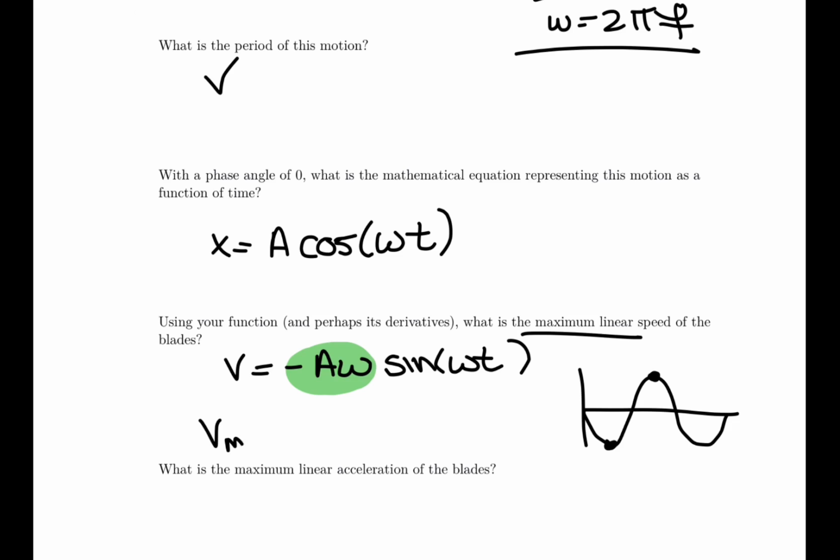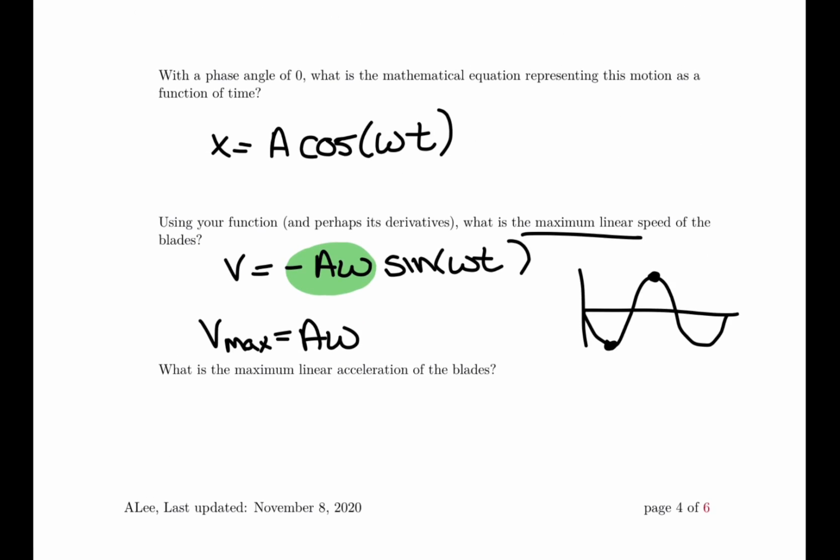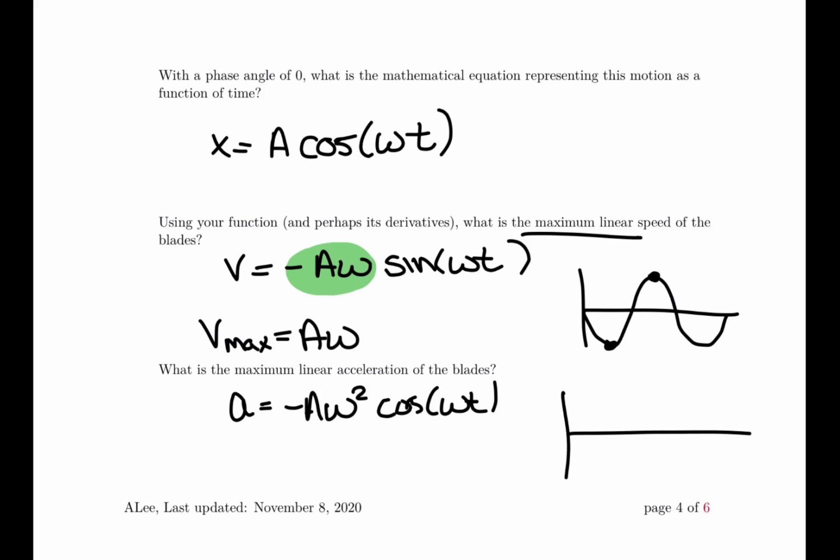So V max in this case is just A omega, whatever that is. Similarly, a is negative A omega squared times cosine of omega t. Again, I could plot that. That would look something like this. Clearly, there are points where the acceleration appears maximized, which again is just whatever the value of A omega squared is.